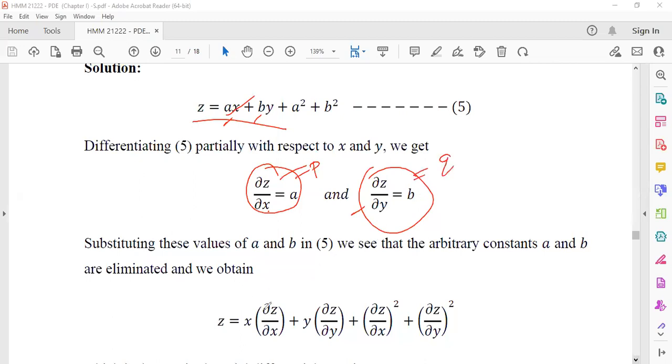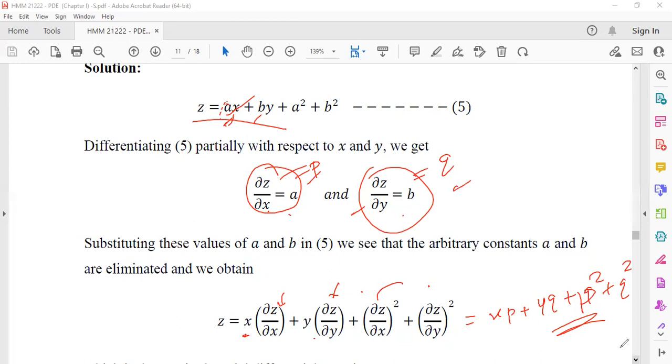Just substitute wherever there is a, this part, and wherever there is b. Here a squared, so this one squared; here b squared, this one squared. Or you can write it like xp plus yq plus p squared plus q squared. Am I right? You can use this notation also.